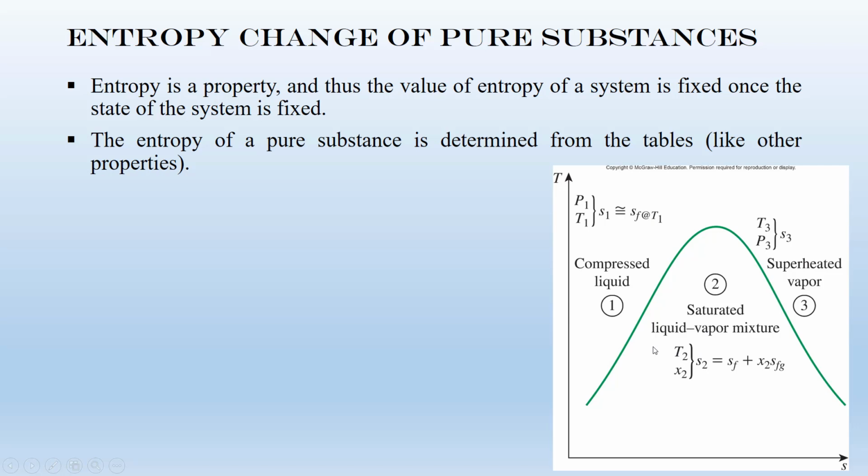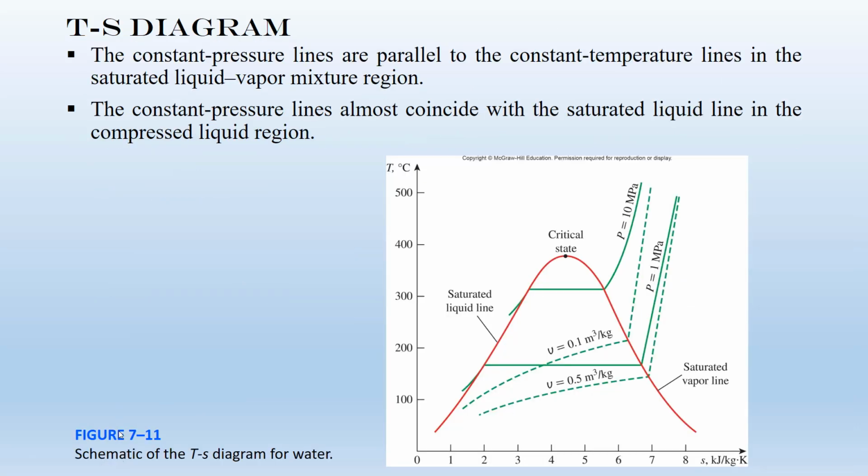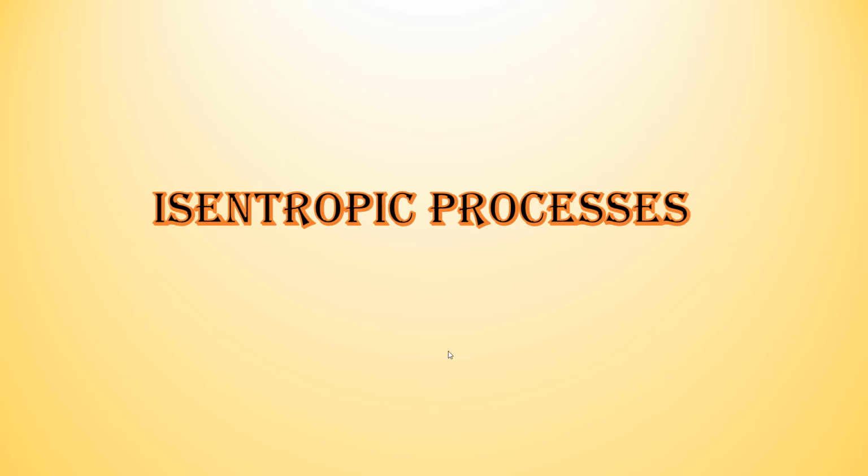If you have a saturated liquid-vapor mixture, then S equals Sf, S for saturated liquid, plus x, quality, times Sfg. And if you have a superheated table, we can use the superheated tables to find the delta S. Keeping in mind that in the tables you have the lowercase s, entropy per unit mass, so you need to multiply the delta s by m to calculate the total delta S. Also, you can plot the TS or PS diagram, and then you have this dome, and those constant pressure and temperature lines.